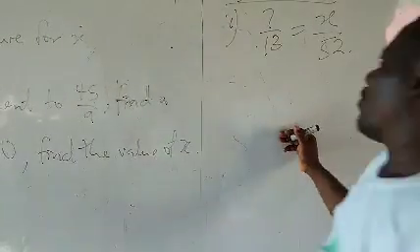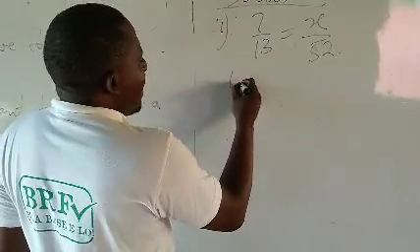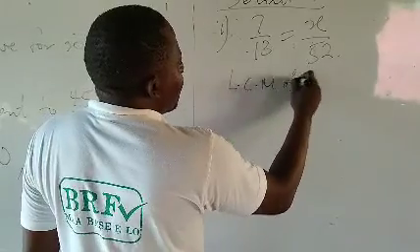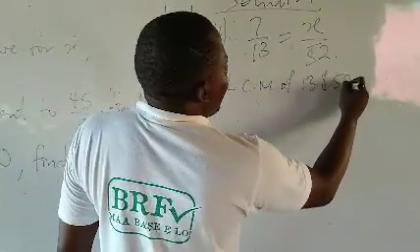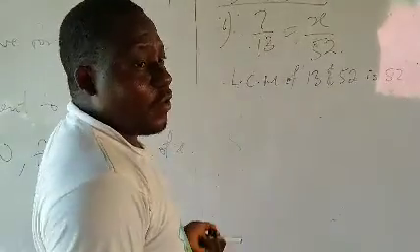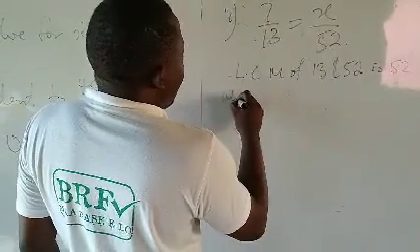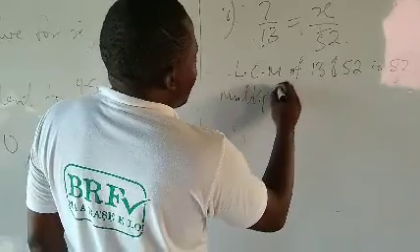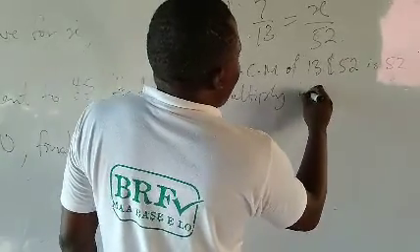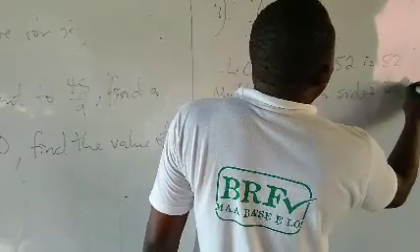You can do it straightforward. What is the LCM of 13 and 52? The LCM of 13 and 52 is 52, because 13 can go into 52. You multiply both sides by 52.